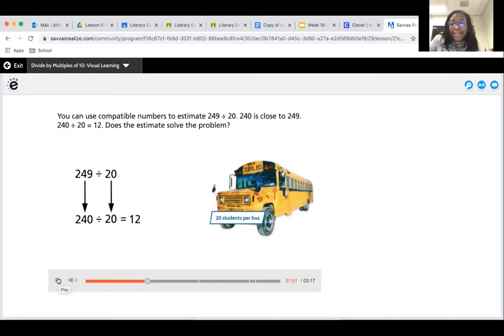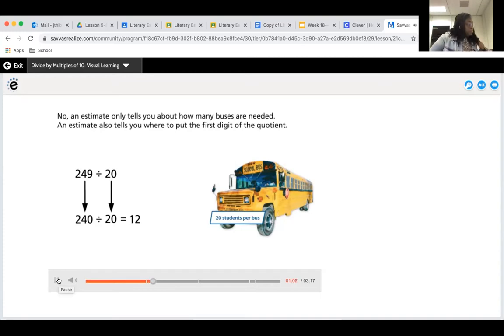If we're estimating, no, we're not solving the problem. We're just checking the reasonableness of our answer. So no, estimation does not solve the problem. No, an estimate only tells you about how many buses are needed. An estimate also tells you where to put the first digit of the quotient.